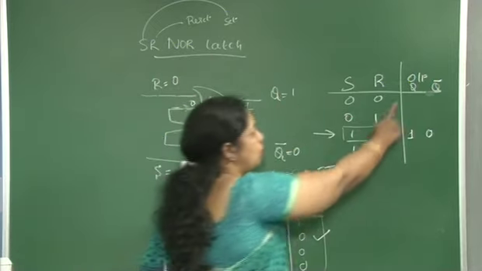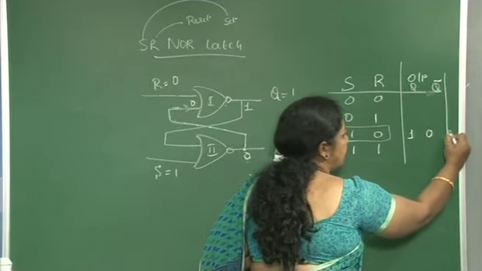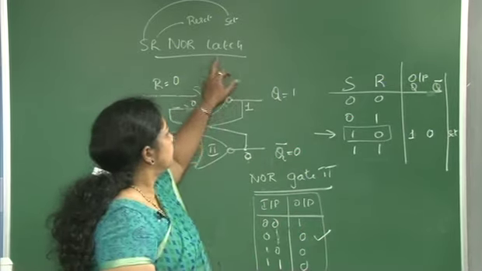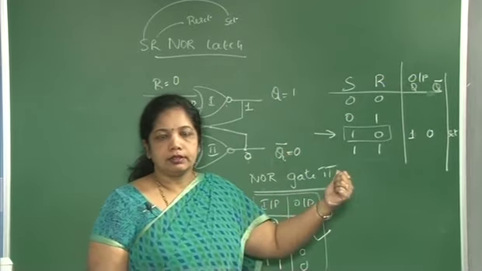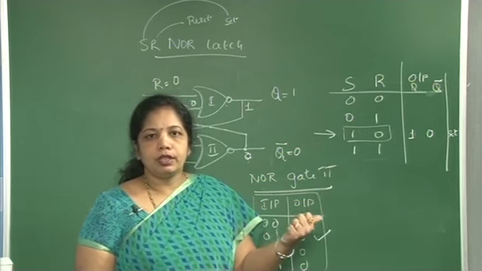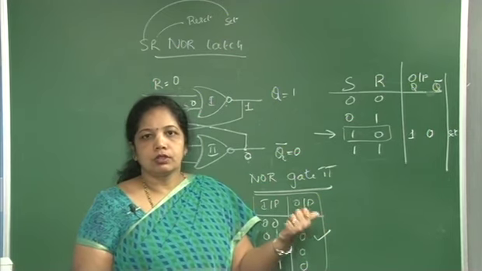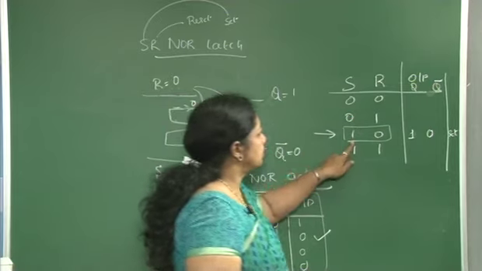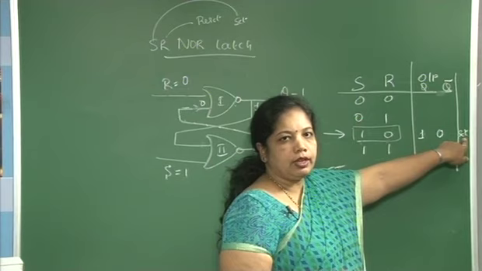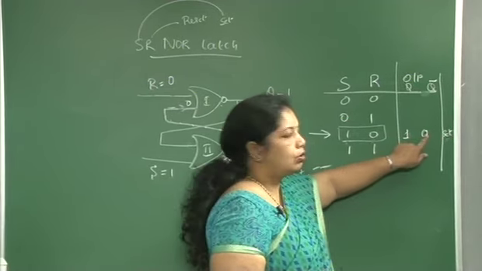If my Q output is 1, this condition is called the set condition, meaning the latch output is at logic 1. So S 1, R 0 gives the set condition, 1 and 0, normal value and complemented value.